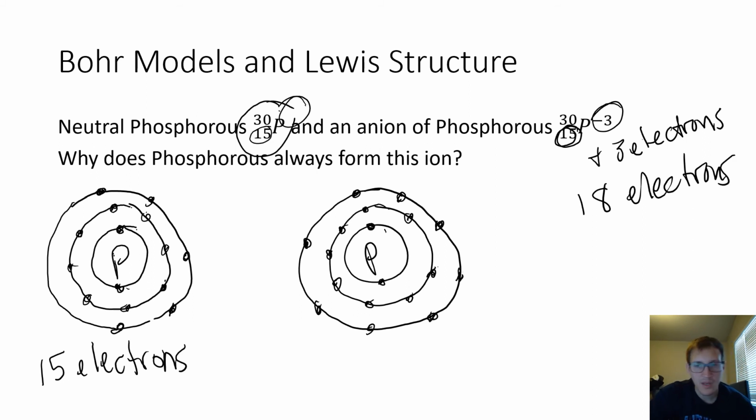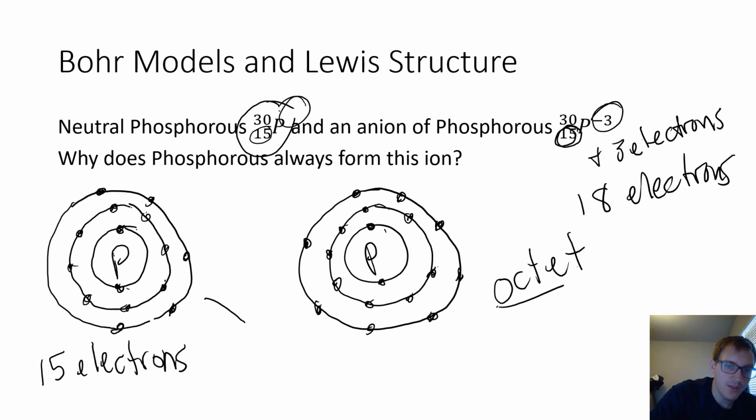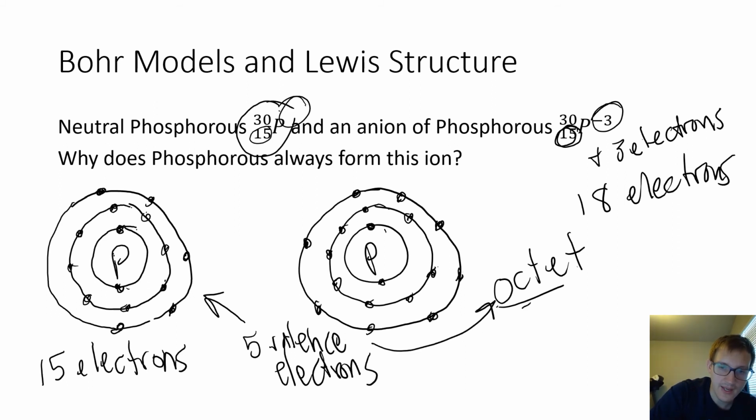Okay, now on the test I do ask a question about why certain ions always form the way that they do. If you think back to the octet rule, this one has 5 valence electrons, okay, 5 outer electrons. It wants to get to 8.